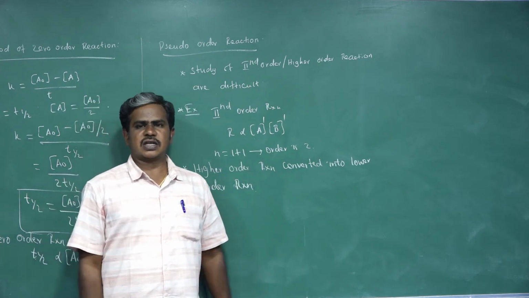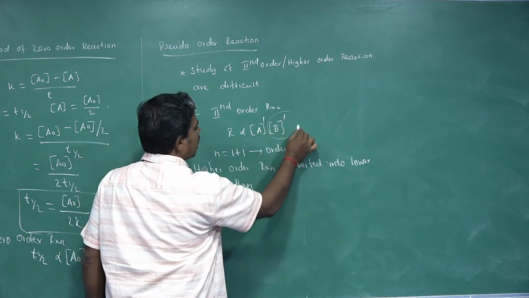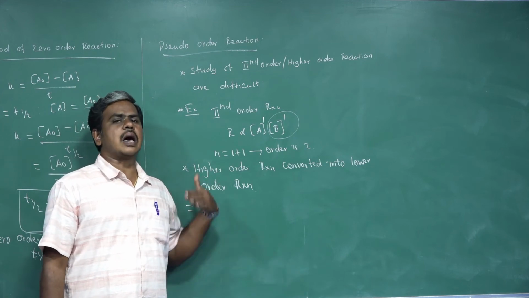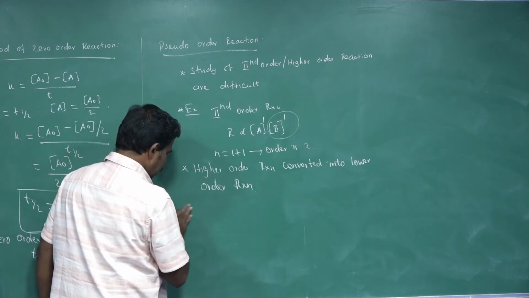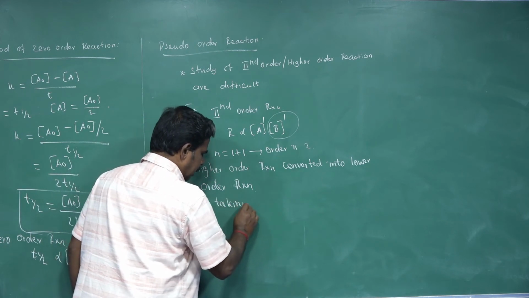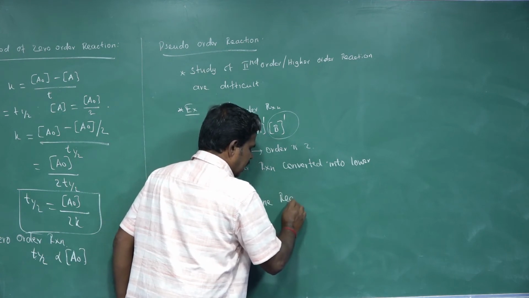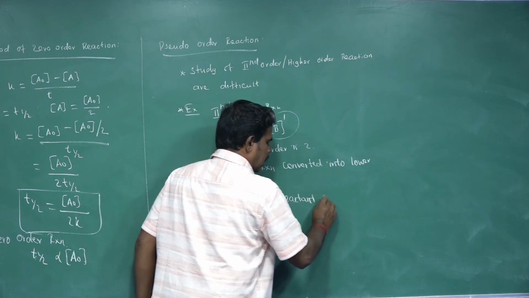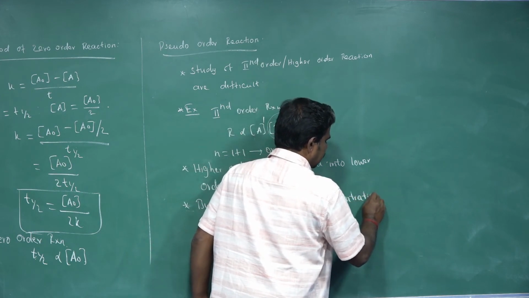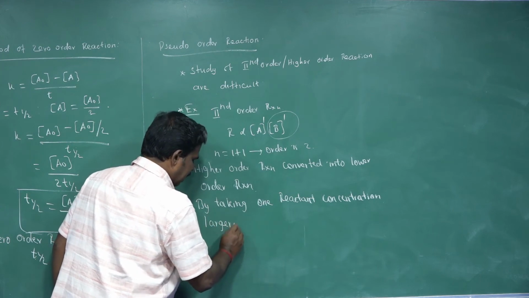The higher order reaction is converted into a lower order by taking one of the reactant concentrations as a large excess.